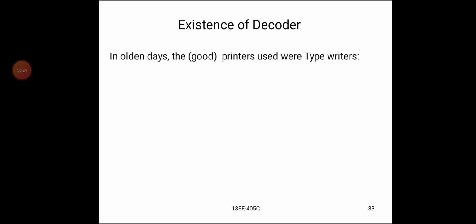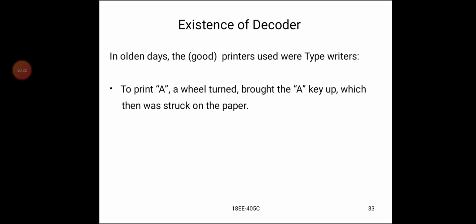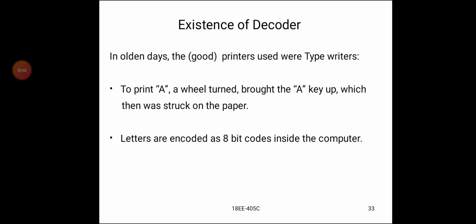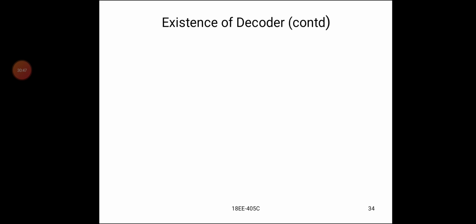Existence of decoder. In olden days, the good printers used word typewriters. Print A: a wheel turned and brought the A key up, which was then struck on the paper. Then letters are encoded as 8-bit codes inside the computer.